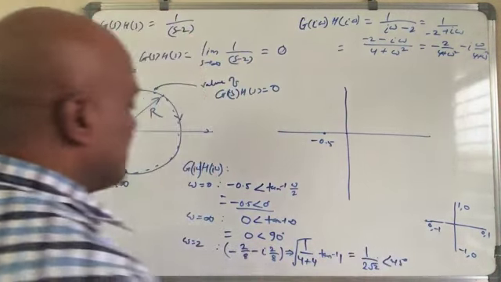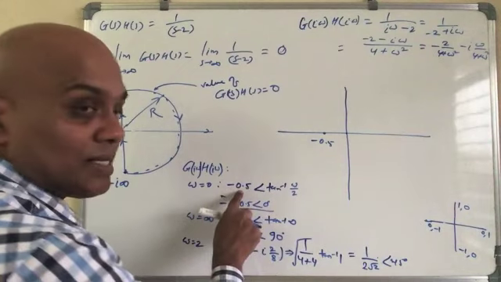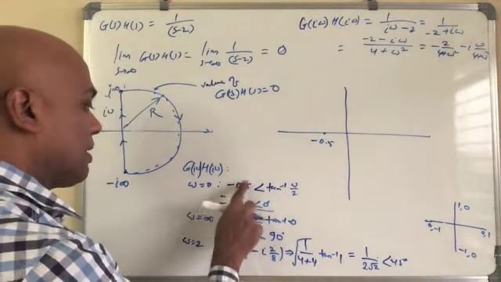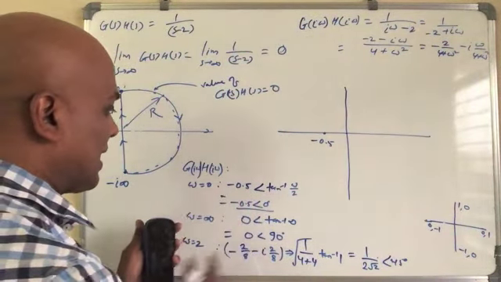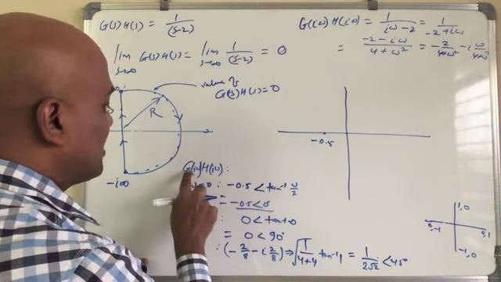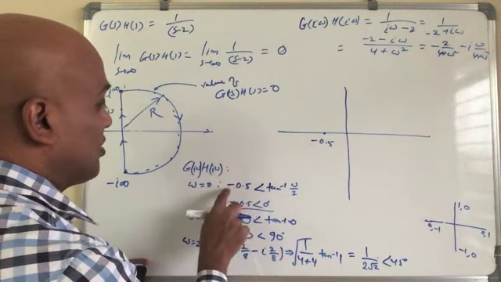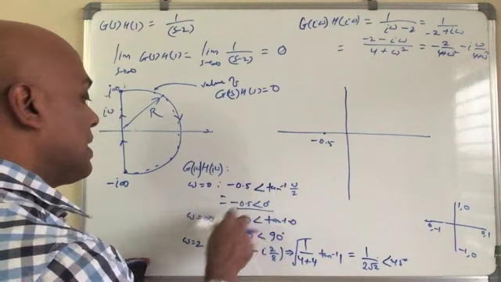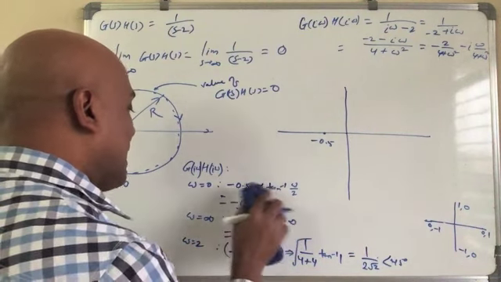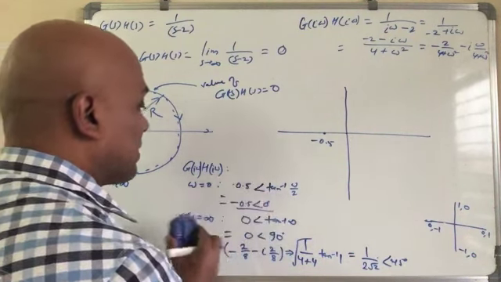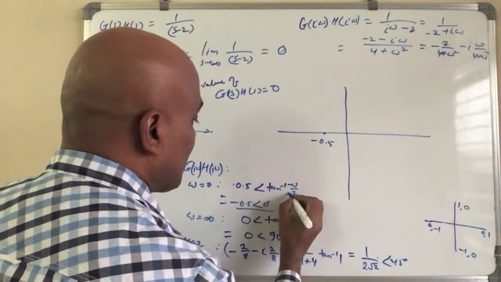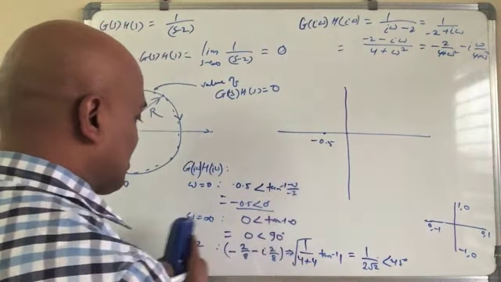That really means here it was supposed to be the magnitude, so we cannot write like that. If we get the value G(iω) times H(iω) equal to minus 0.5, that really means the magnitude is 0.5 and the angle is tan of minus ω divided by minus 2, so you have to be careful.